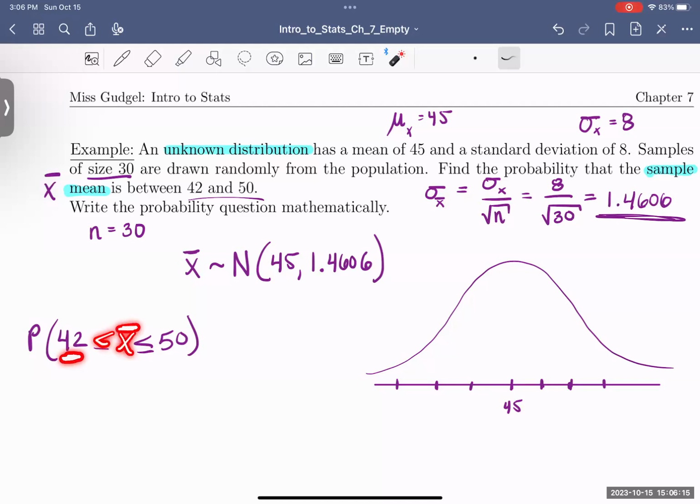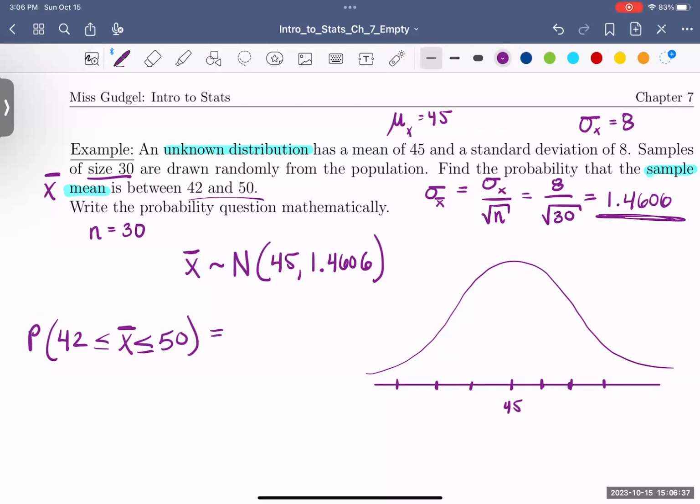My sample mean, my average of those 30 people drawn in, is going to be something bigger than 42. The alligator mouth opens towards that X bar, and that's going to be something smaller than 50. These inequalities face the same direction. They're both less thans or less than or equal tos.